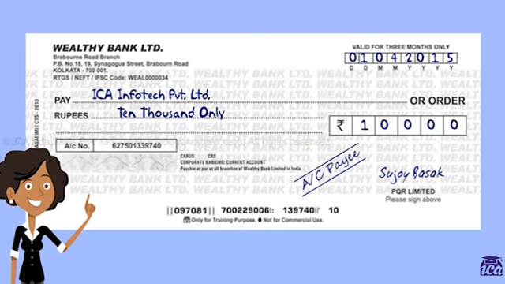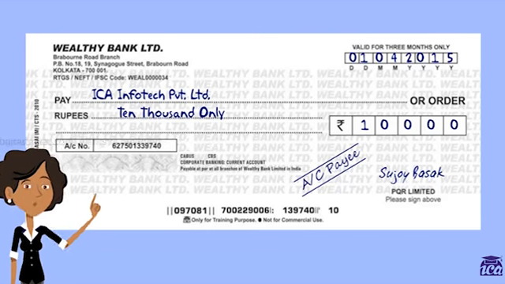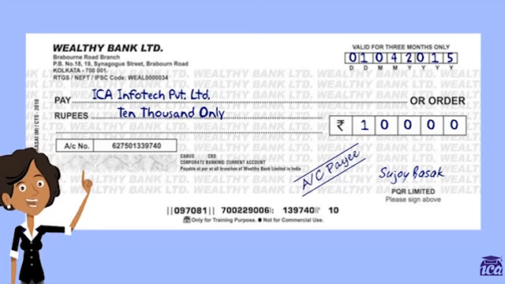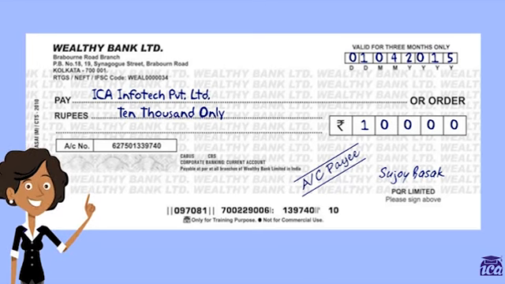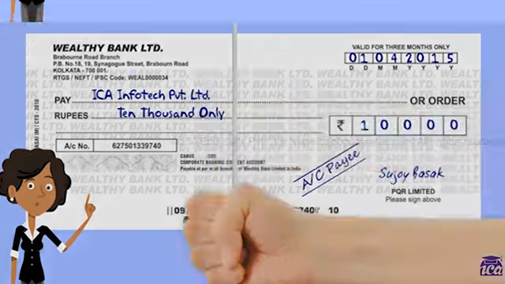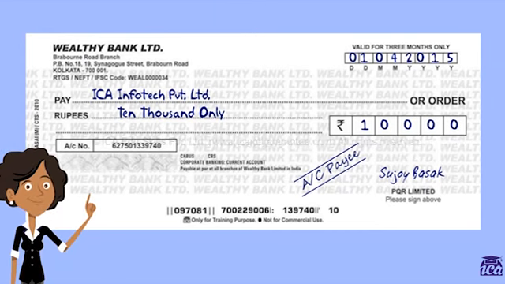If you do not write account pay only, the check becomes a bearer check, and whoever bears the check, as in whoever has the check, can get it in cash. So because it will have to be deposited in a particular account, which is ICA Infotech Private Limited's account, we will write account pay only in the two parallel lines which are there diagonally.